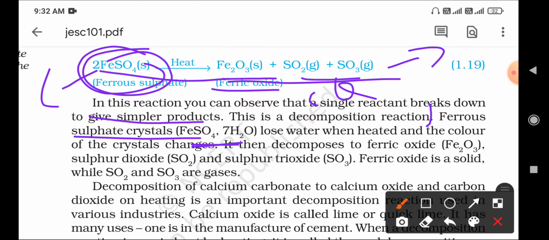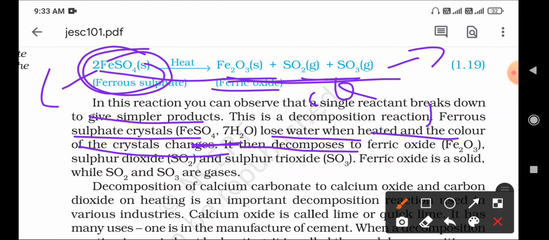After heating the FeSO4, it turns into three products. So it loses water when heated and the color of the crystal changes. The ferrous sulfate crystal contains water molecules in it. While heating, the water molecules go to the vapor state, and at that time the green color changes.